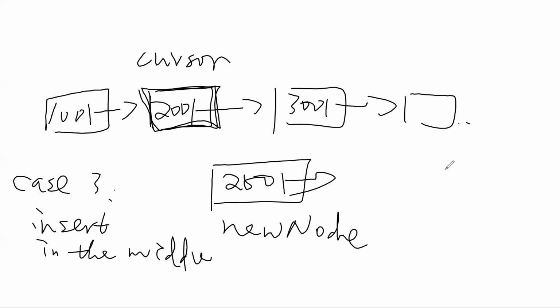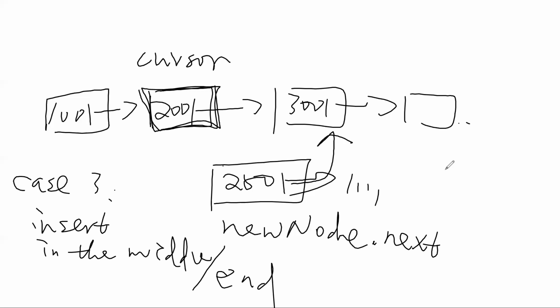And this also applies, we will see at the end. So we have this new node also created. So how can I get 250 inserted between 200 and 300? You set what? New node's next. You need to reset it because when you create it, it's empty, pointed to a null. So now you need to reset its next to where? To 300.